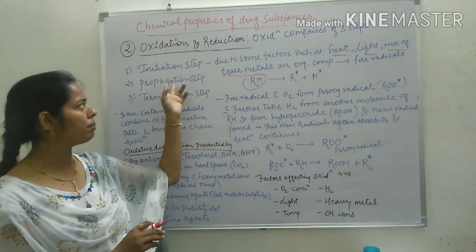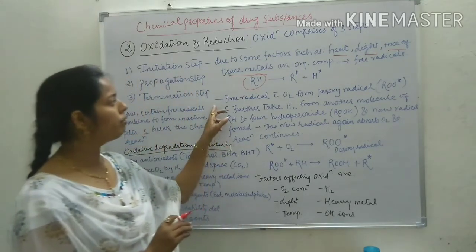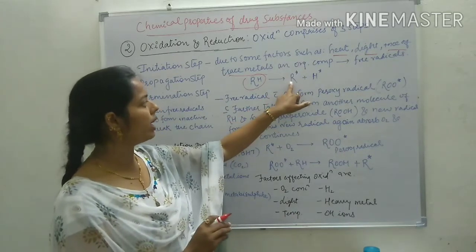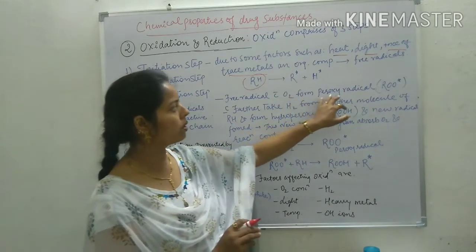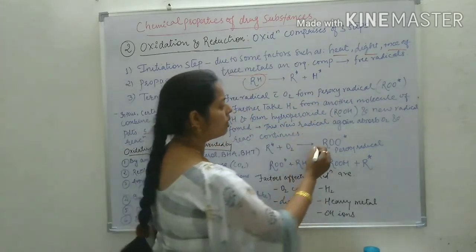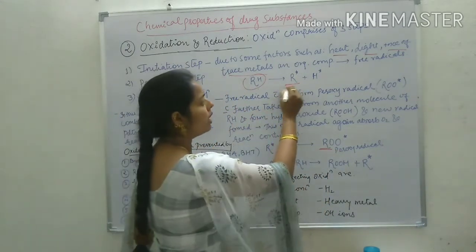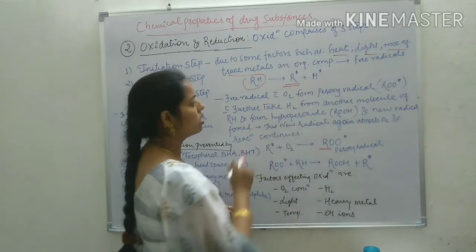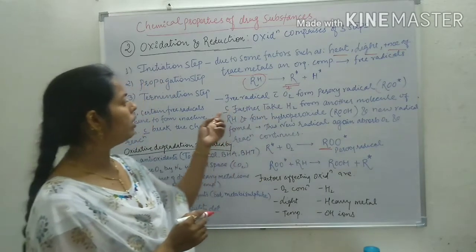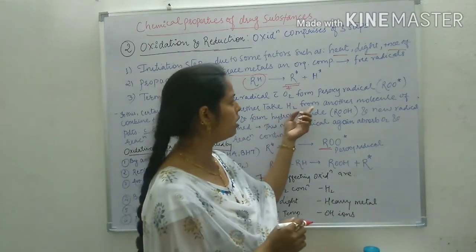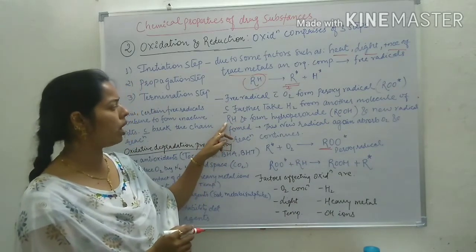After that, the second step is the propagation step. In propagation, what happens? The free radical, along with oxygen, forms a peroxy radical. This free radical comes in contact with oxygen and gives a peroxy radical, which further takes hydrogen from another molecule of organic compound, RH.